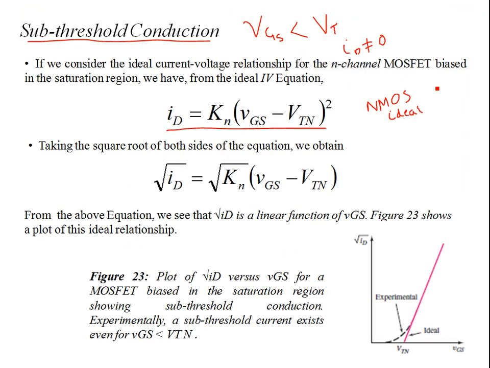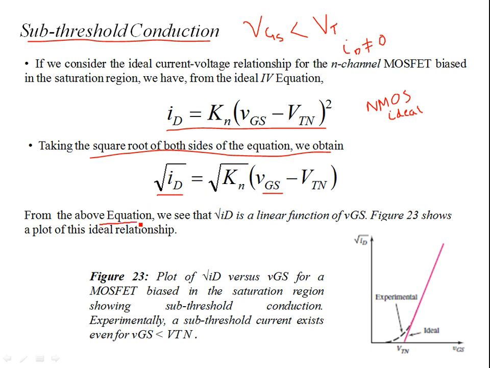But even if you start with the ideal NMOS equation of current and voltage characteristics, you take the square root of both sides of this equation, and what we obtain is square root of ID equals square root of Kn times VGS minus VTN. Kn is a device constant, and VTN, the threshold voltage, is also a device constant. So the square root of ID and VGS have a linear relationship.